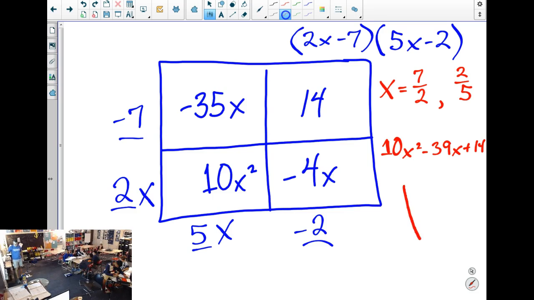Is it standard like this, or has it been flipped and is now like this? We look at coefficients, because we don't know what x is. But what coefficient would tell us if it's been flipped or not? The coefficient of x squared, the x squared part.